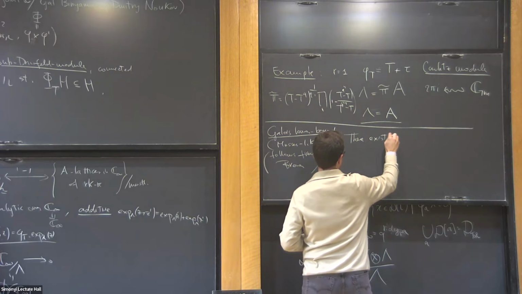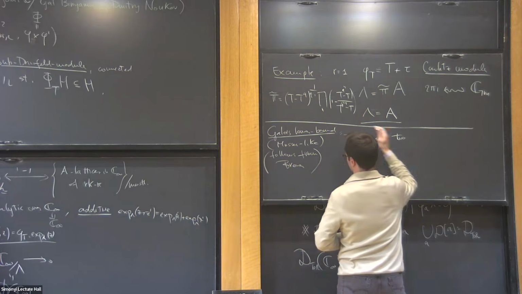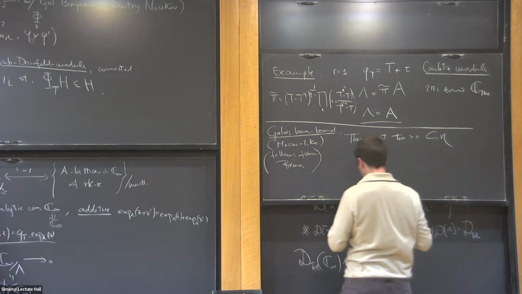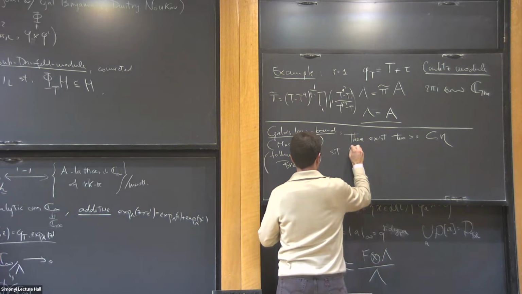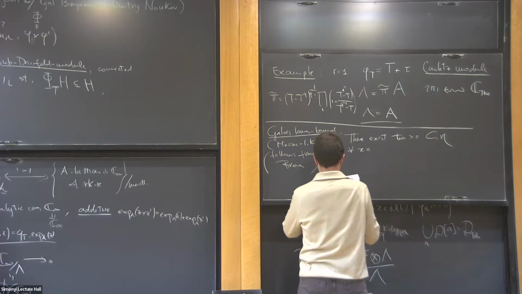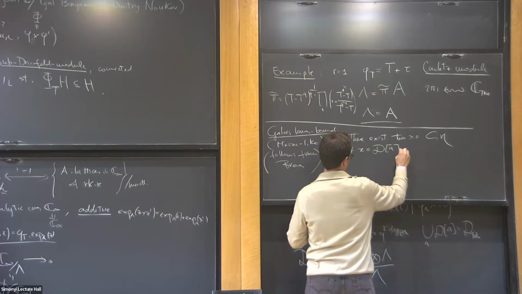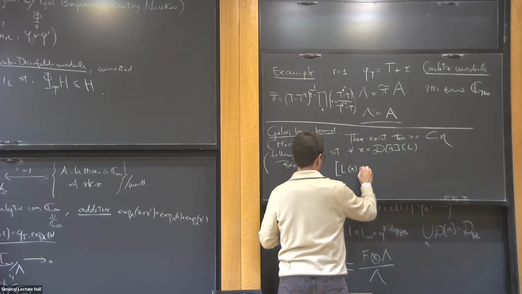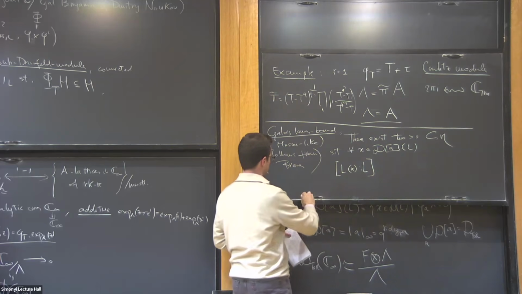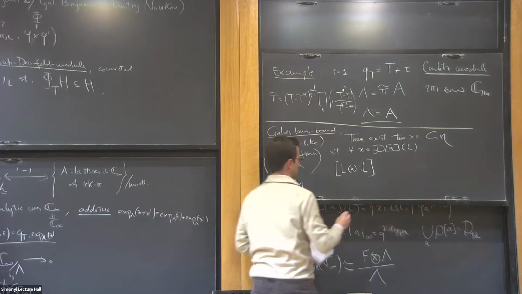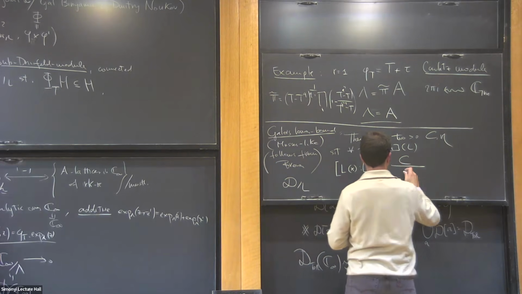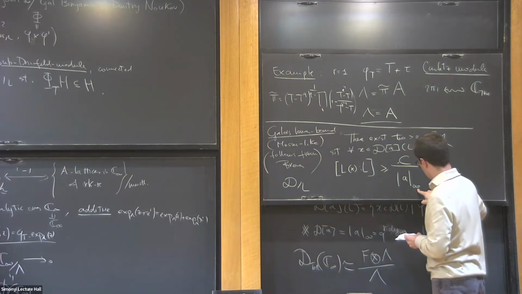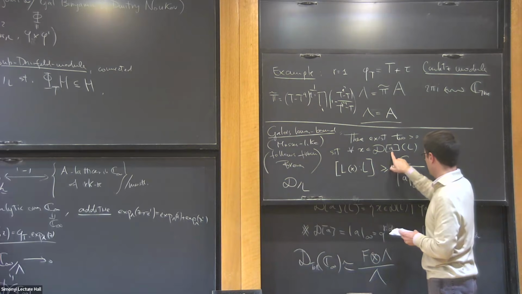There exist two positive constants, depending on the Drinfeld module and on the field of definition, C and eta, such that for every x torsion point of order A in L, we have that the extension, we suppose L is defined over L, is bigger or equal than C divided by the norm of A to the eta.